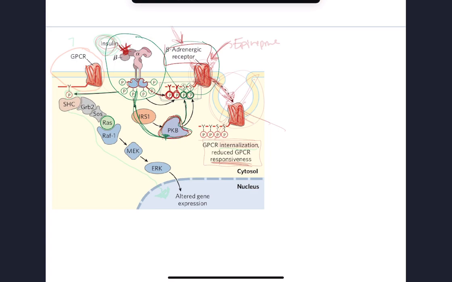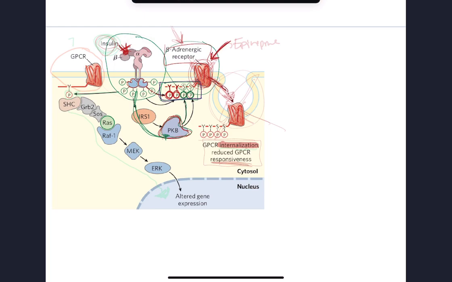Now, the effect of this phosphorylation, when we see that all of these guys are phosphorylated, the tyrosines and the serines, what's the result? The result is internalization. The GPCR will be internalized. It'll be removed from this membrane, from being active, from being usable, from being useful on the membrane.